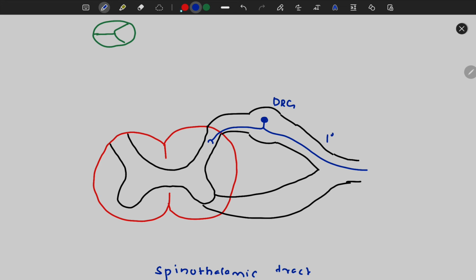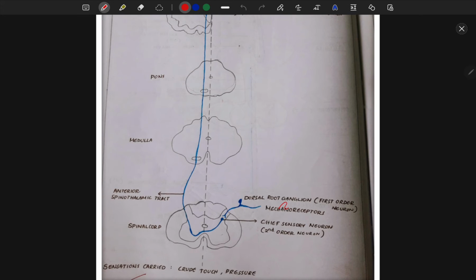And this is the second order neuron. It crosses the opposite side. Here you can see that the first order neuron is coming from the mechanoreceptors, and this is the second order neuron, the chief sensory neuron.